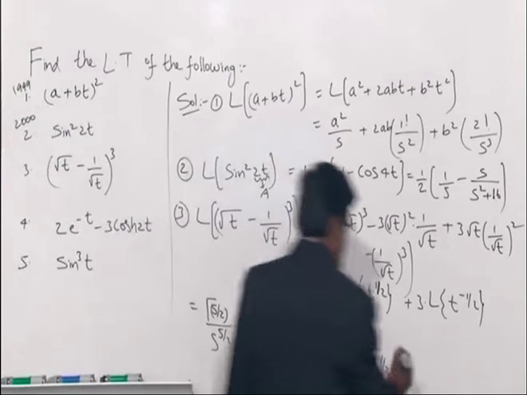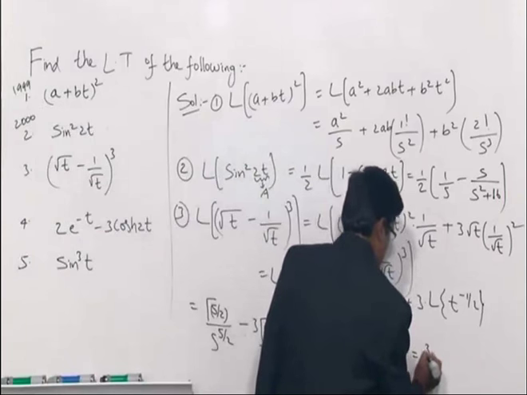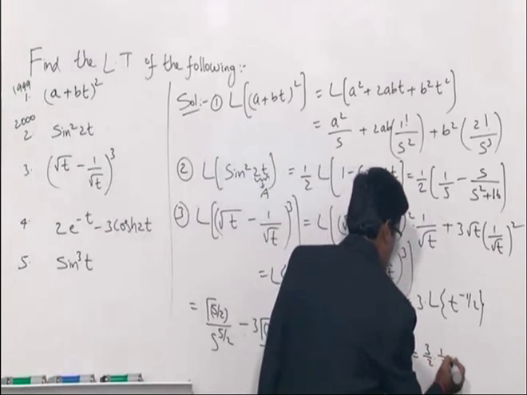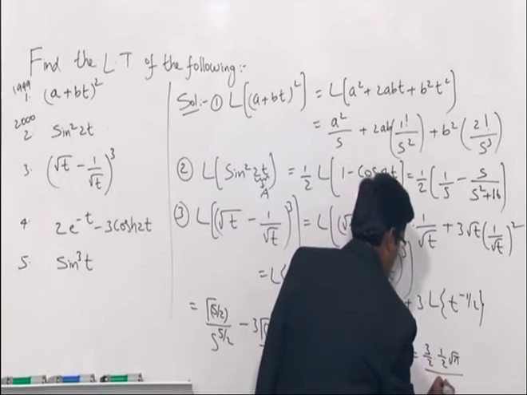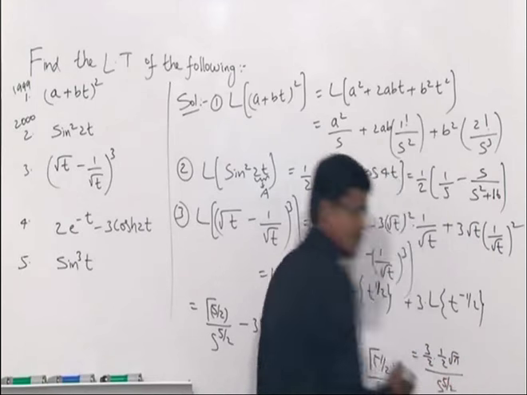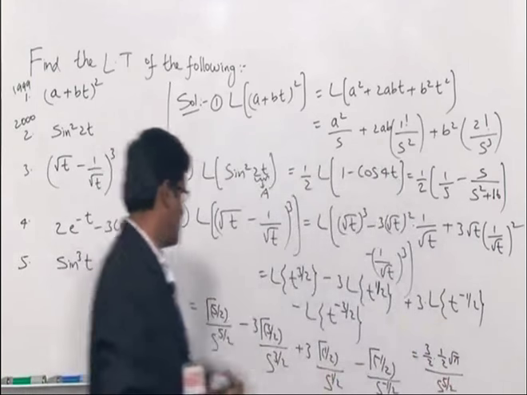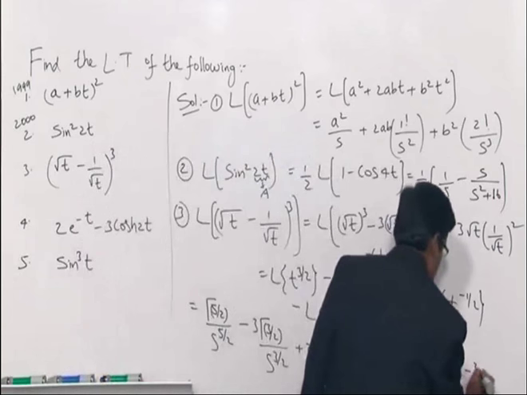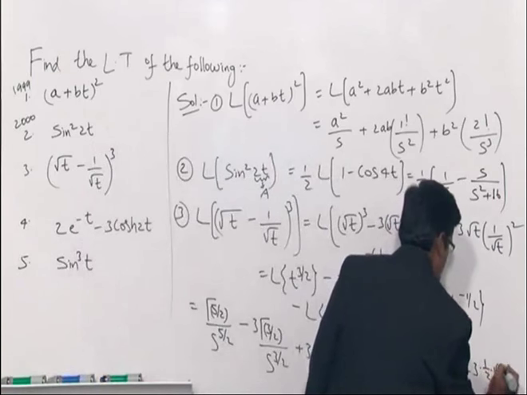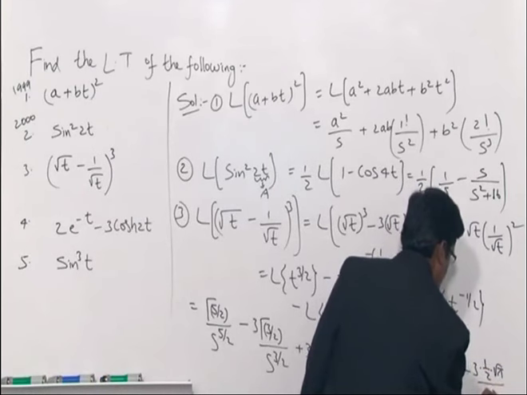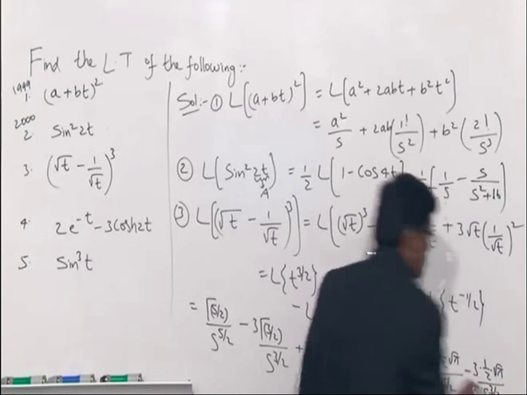So gamma 5 by 2 is 3 by 2 into 1 by 2 into root pi, over s power 5 by 2. That is the first fraction simplification. Minus 3 times gamma 3 by 2, which is half into root pi, divided by s power 3 by 2.